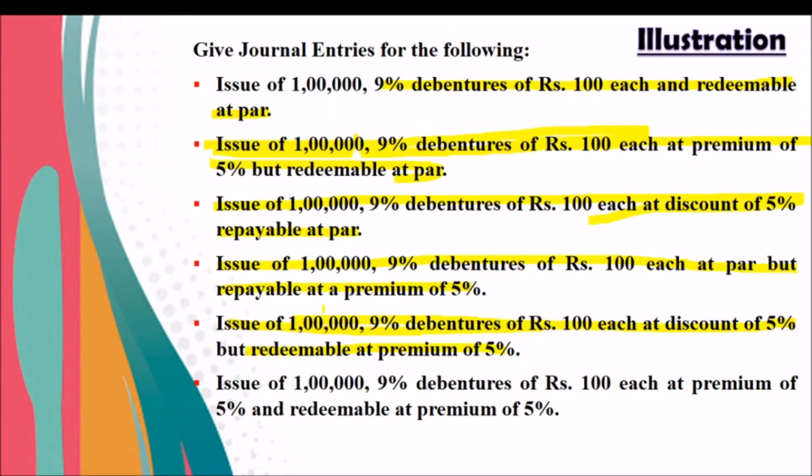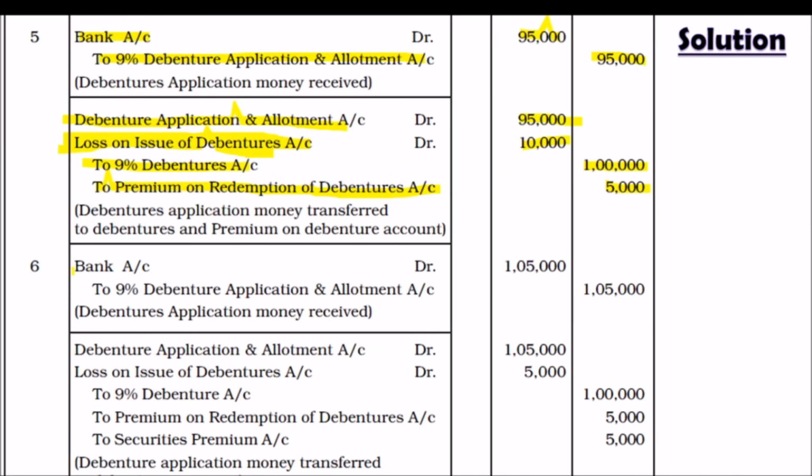So the last case, issued at a premium of 5% and redeemable at a premium of 5%. Bank account debit 1 lakh 5,000, including the premium amount, to debenture application and allotment. Debenture application and allotment account debit 1 lakh 5,000.